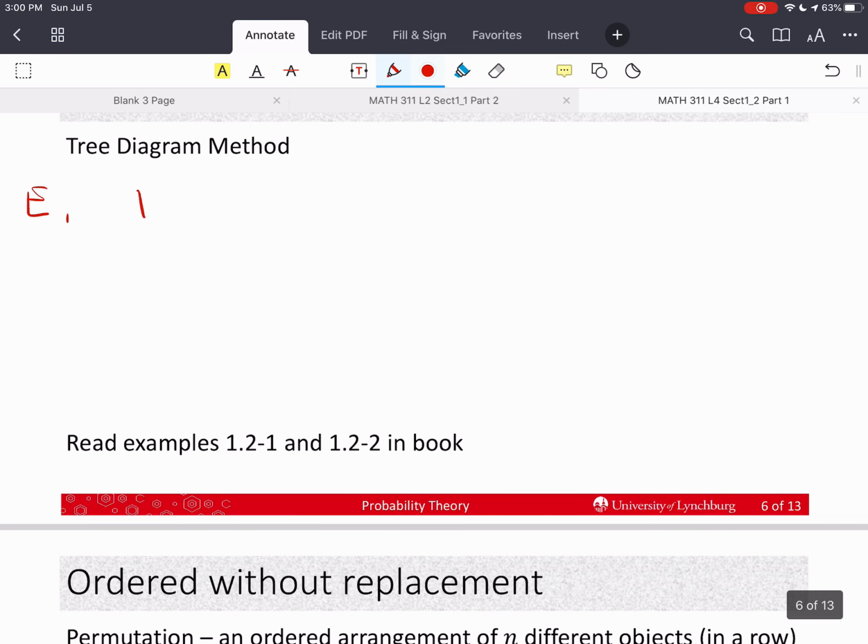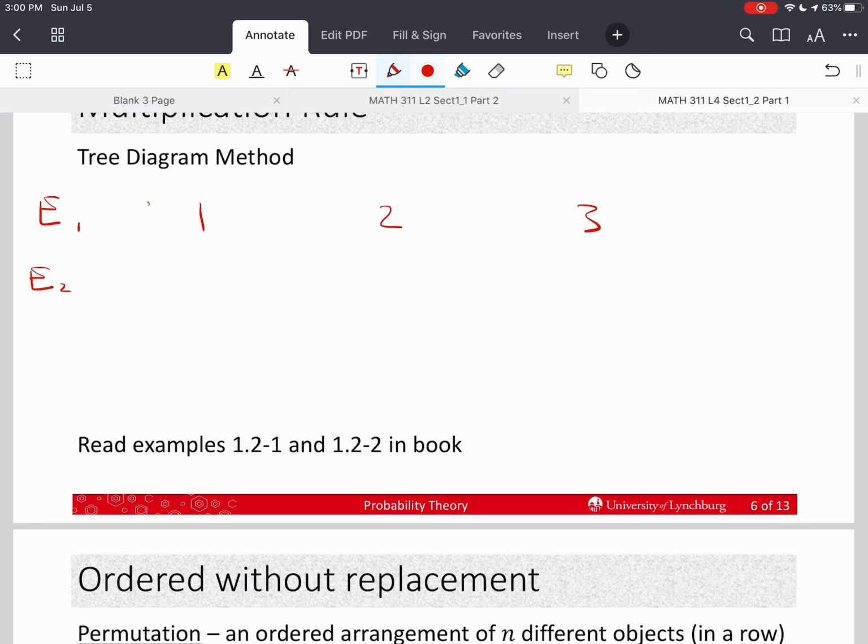So I have 1, 2, 3. And then E2, for each of these digits in E1, I have to select one digit from the 1, 2, 3. And so 1, 2, 3, 1, 2, 3.